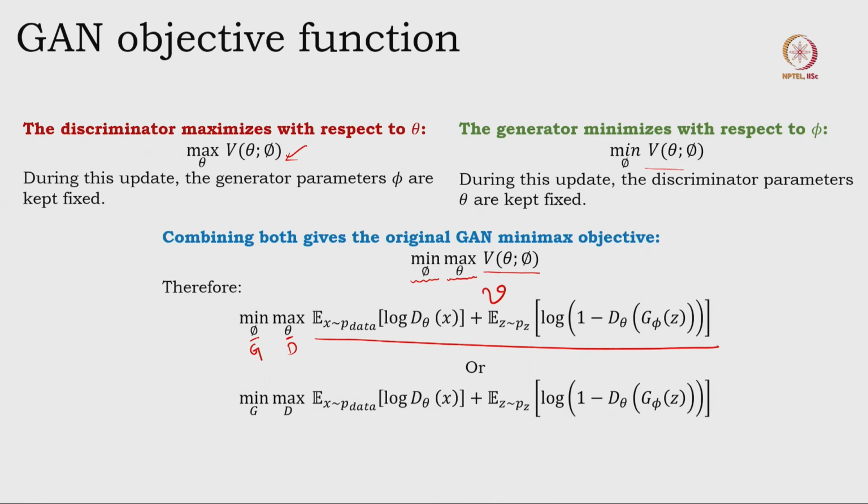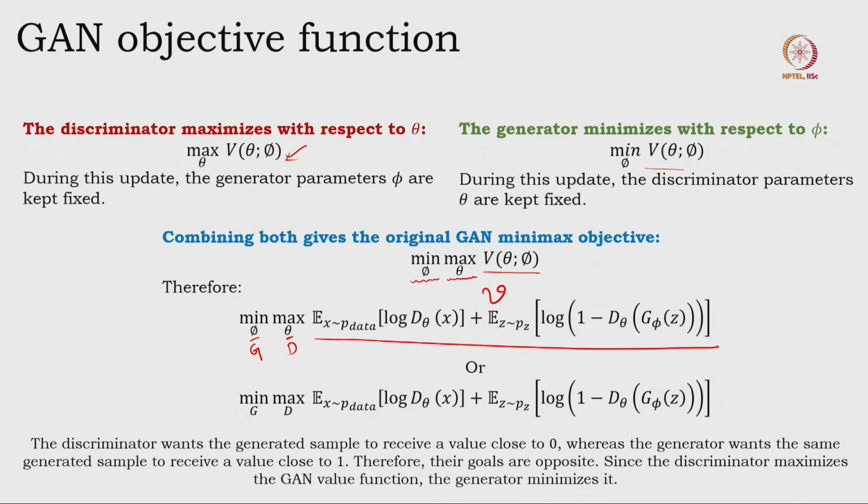So one is minimizing and one is maximizing, and therefore the goals here are opposite. What is opposite here? The discriminator wants the generated samples to get a probability closer to 0, but the generator wants the same generated samples to receive a value closer to 1.